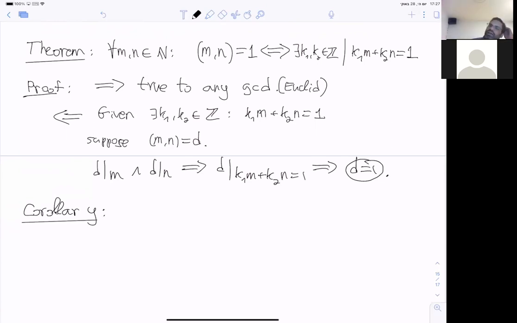Any two consecutive numbers must be coprime. I mean, n plus 1 is coprime to n, always. Why? Tell me why. How can I derive this from this theorem?